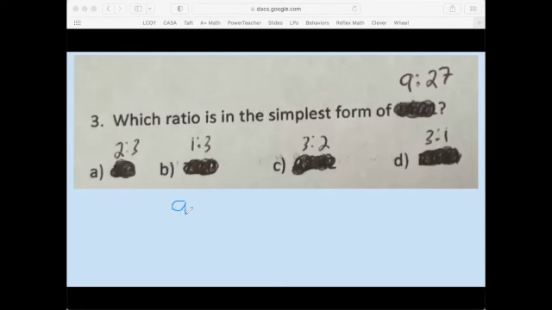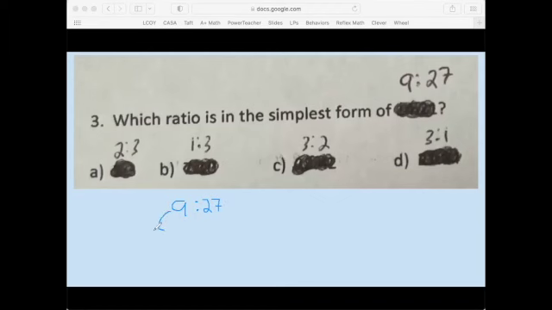The ratio 9 to 27 can be simplified, which means I can divide both of these two terms by the same number and get an even smaller number. When I look at 9 and 27, I know in my times table that both 9 and 27 are multiples of 3, which means they can both be divided by 3.